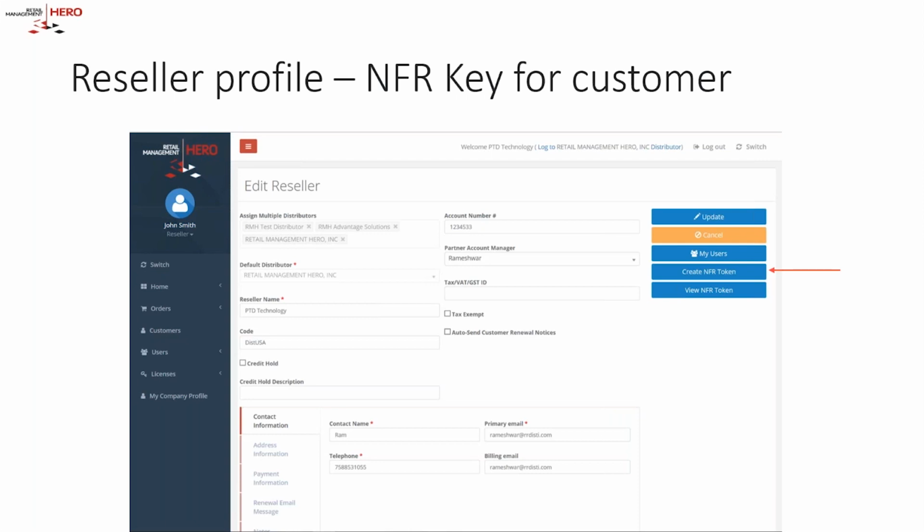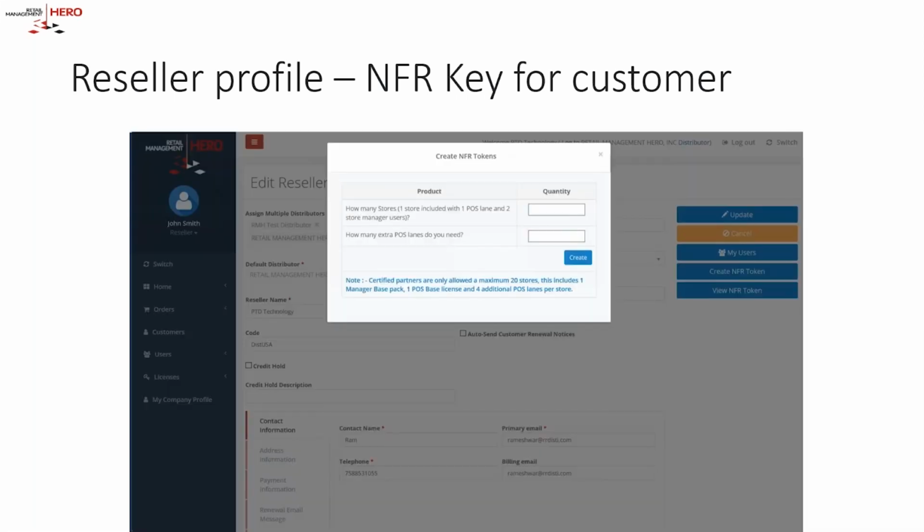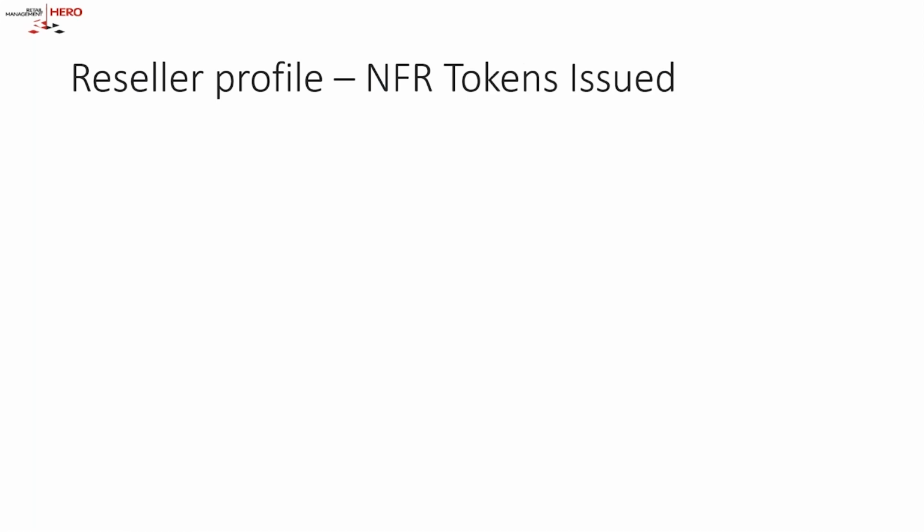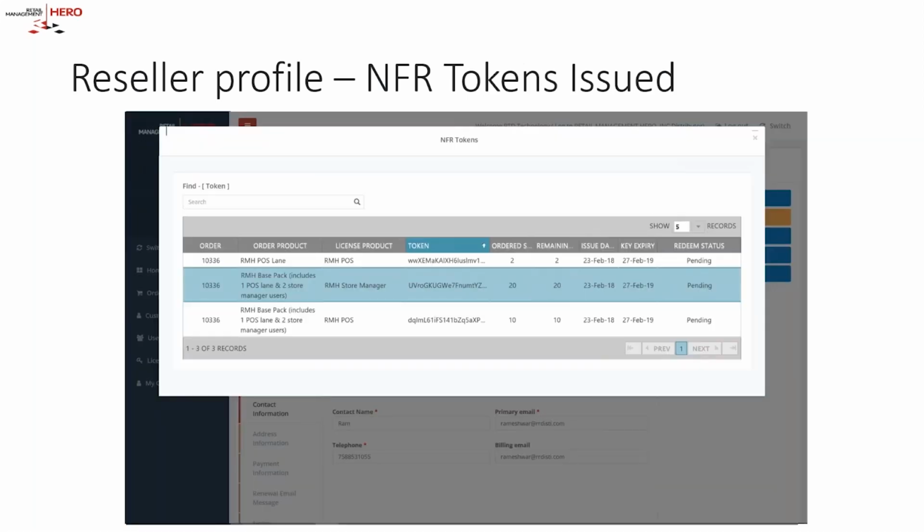So we allow you to completely do that. And at any point in time, we allow you to come back and say how many you need. So you can ask for how many lanes, and we will generate that. And we will also show you the keys of all of those tokens that we have generated.